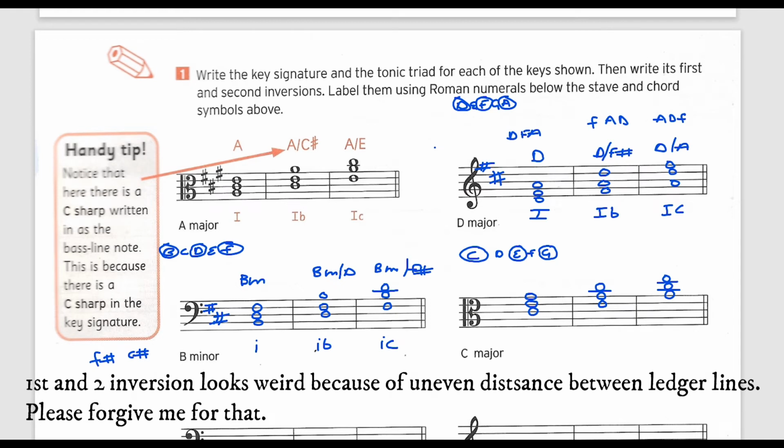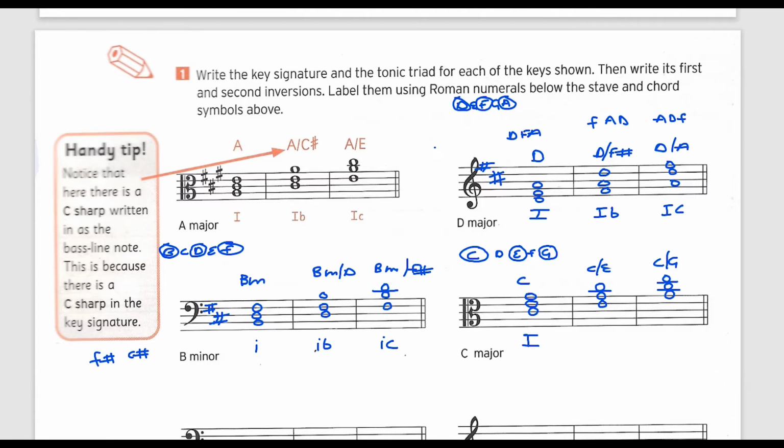So let's give them the name. This is C, E, and this is C, G. This is 1, this is 1B, this is 1C. Okay. Let's move to the next one.